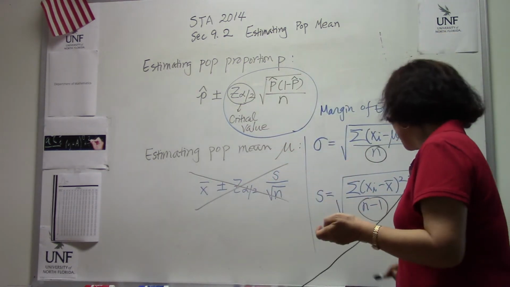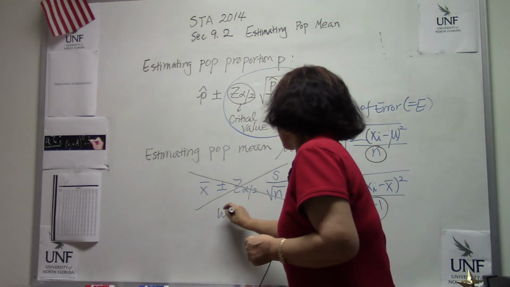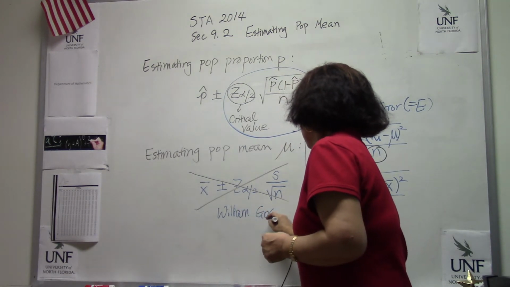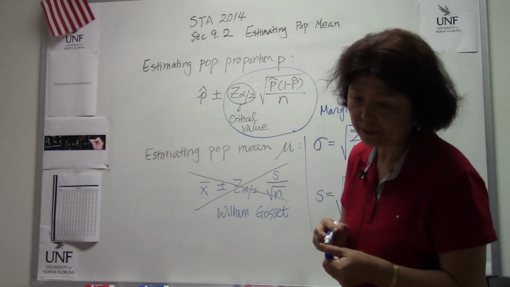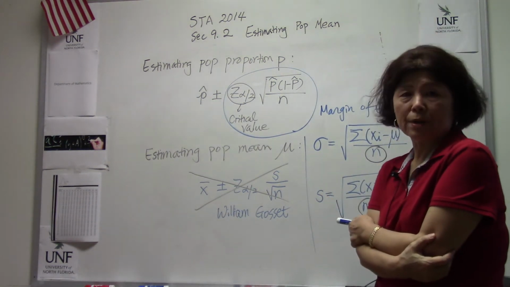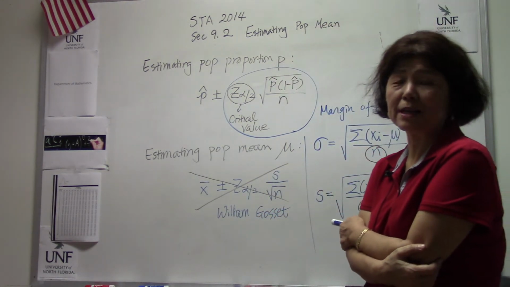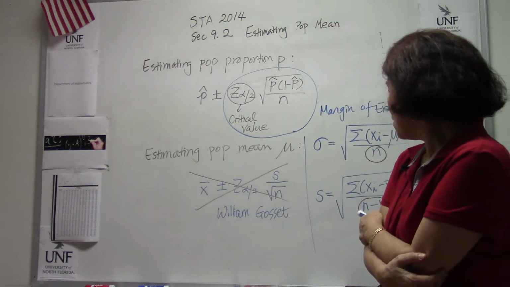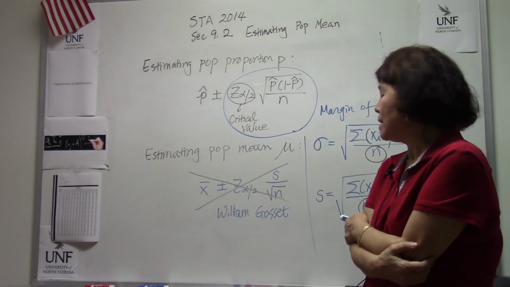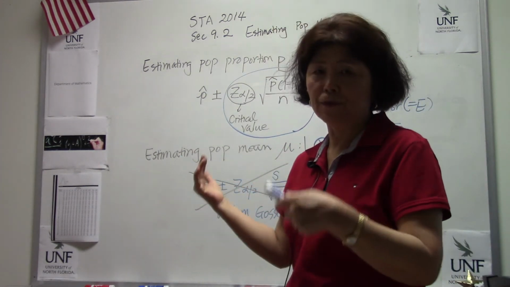The person who discovered that part first is William Gossett. He's an Englishman, and he worked for a brewing company called Guinness. I'm sure some of you have heard about Guinness, the lager. His job was finding the optimal kind of barley for their flavor.